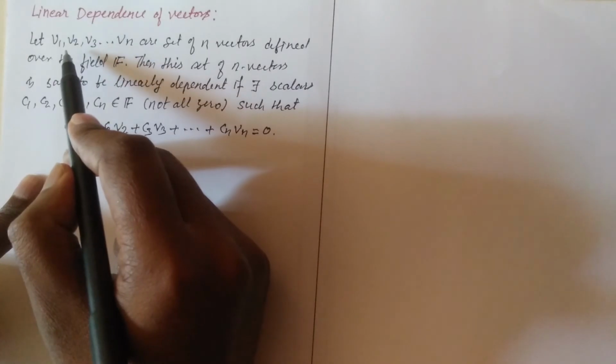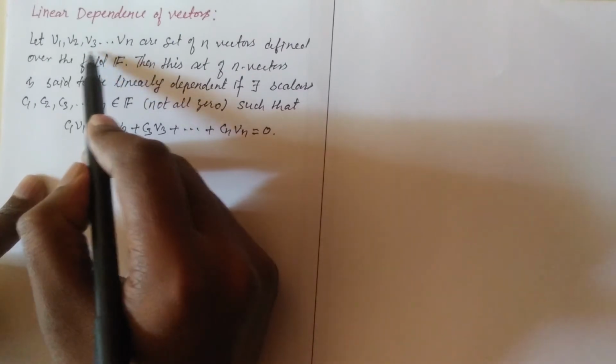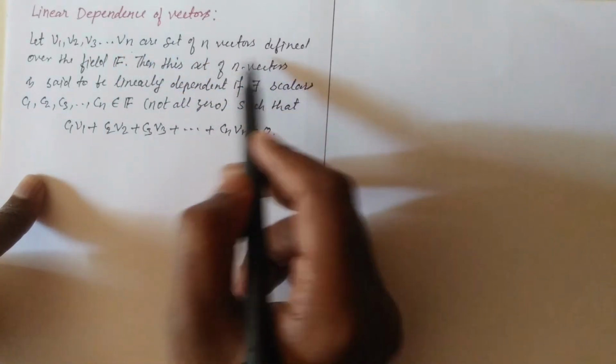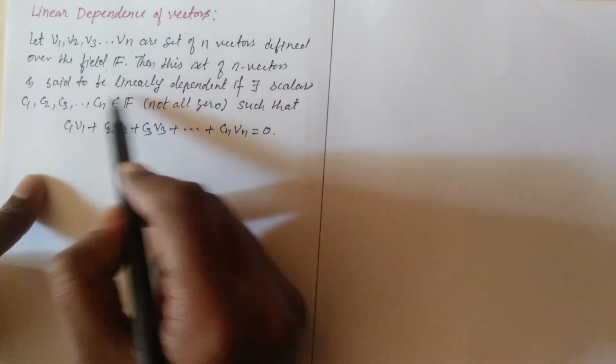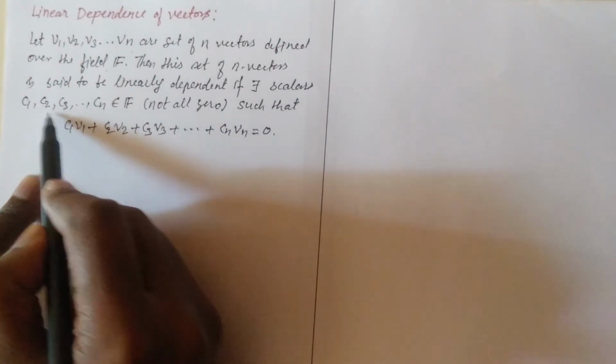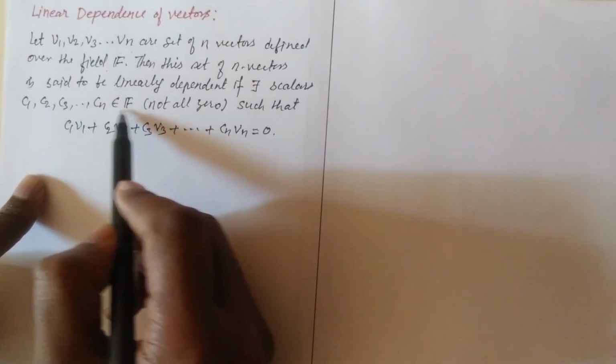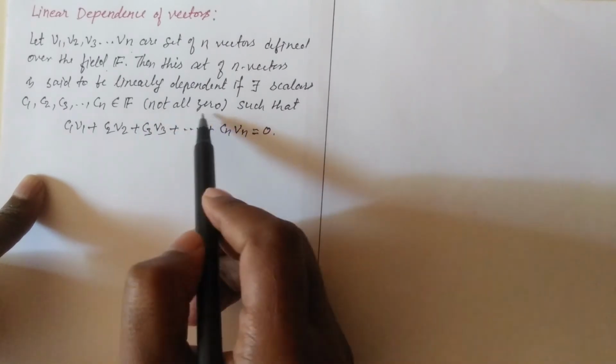Linear dependence of vectors. Definition: let us have a set of n vectors v1, v2, v3 up to vn defined over the field F. Then this set is said to be linearly dependent if there exist scalars c1, c2, c3 up to cn in the field F and not all 0.